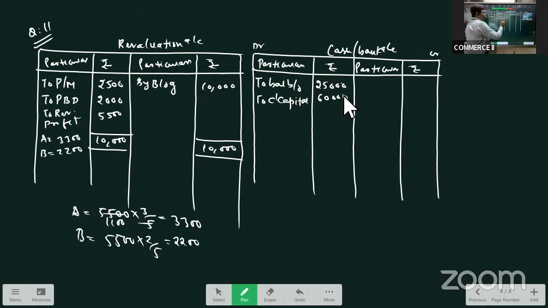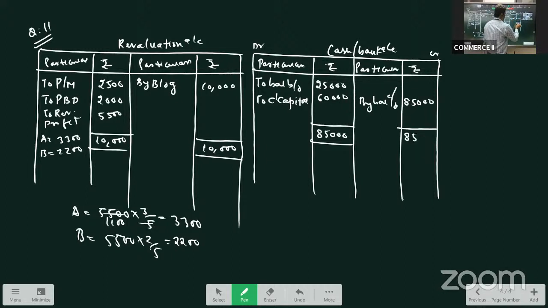So obviously it will not affect our cash balance or bank balance, so will not be taken in the cash account. Now our bank balance is 85,000. To balance brought down 85,000. Okay.